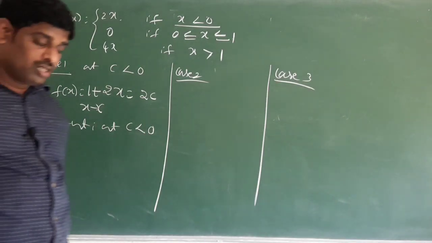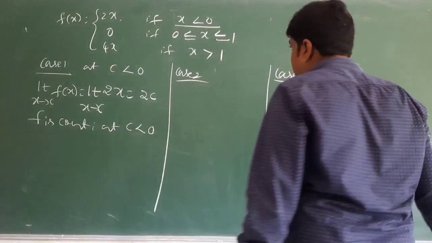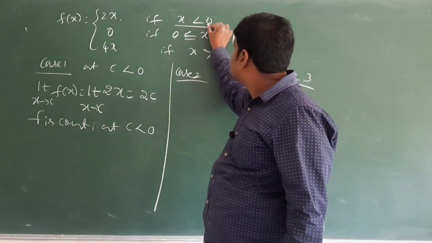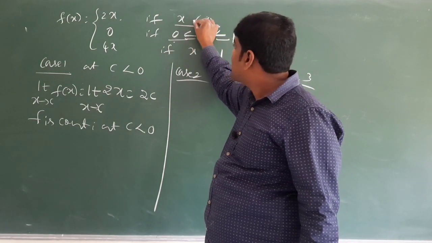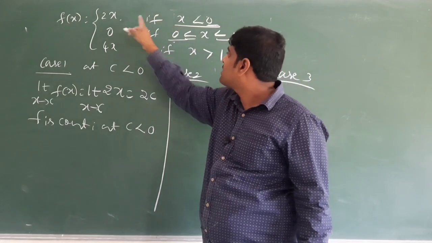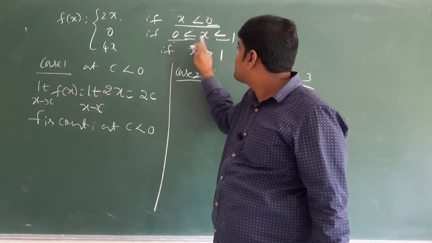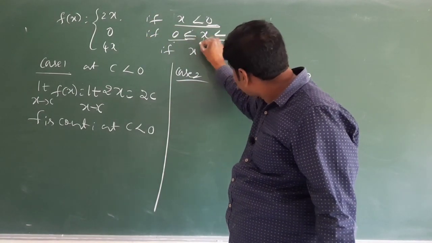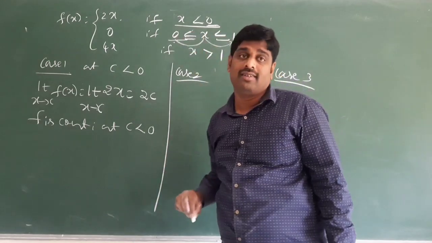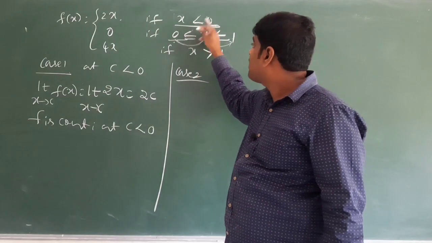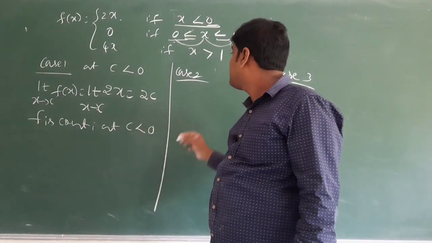Now come to case number 2. Case number 2 is for 0. See, for 0, less than 0 is LHL, and x less than 1 but x greater than 0 is RHL, so 0 has LHL and RHL.